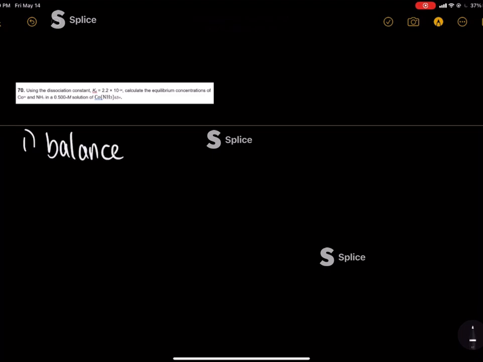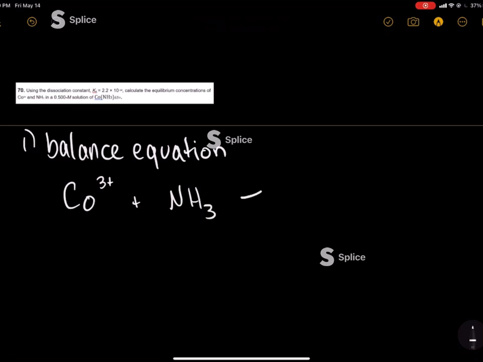We aren't really given an equation right here, but we can write one. We're starting off with Co3+ and NH3 and ending up with Co(NH3)6 3+, and I'll show you why in the next step. So we have Co3+ plus NH3 yields, equilibrium arrow, Co(NH3)6 3+.